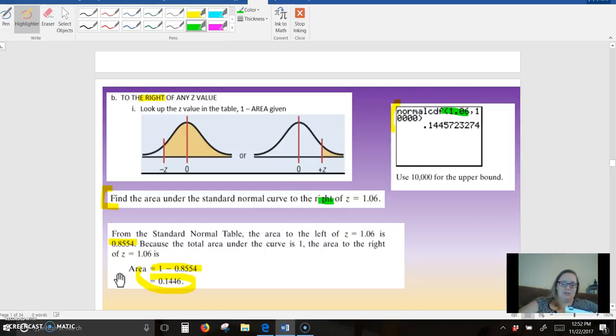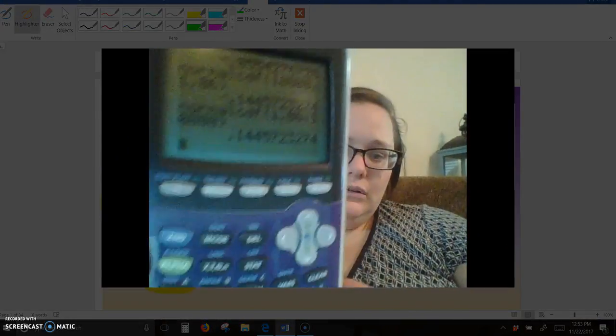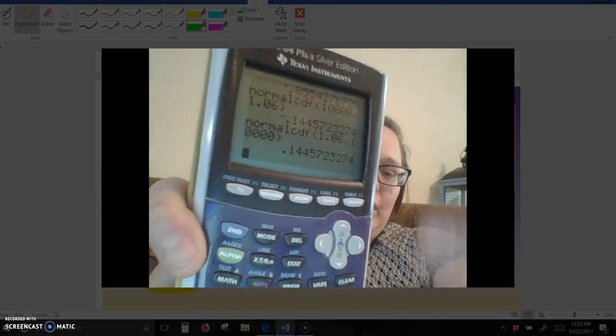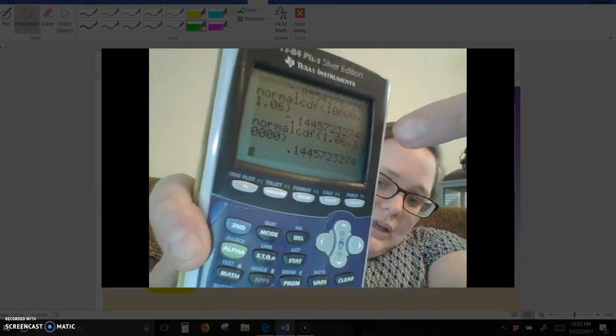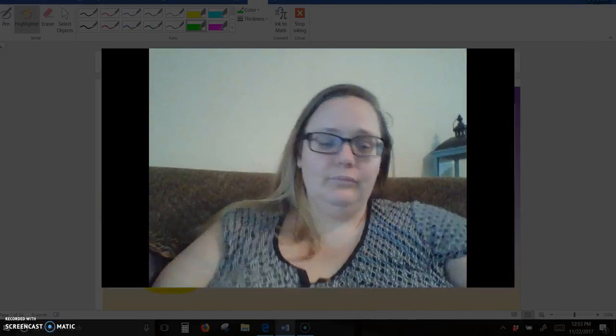So they pushed second bars, went to CDF, and then did 1.06, comma, then the blanketed 10,000. When it's flip-flopped because it's to the right, you get rid of the negative sign. That's why.